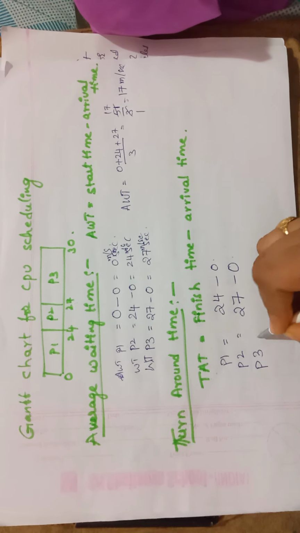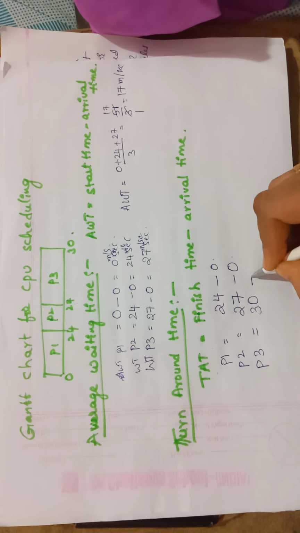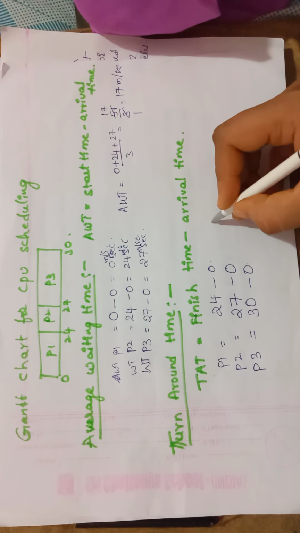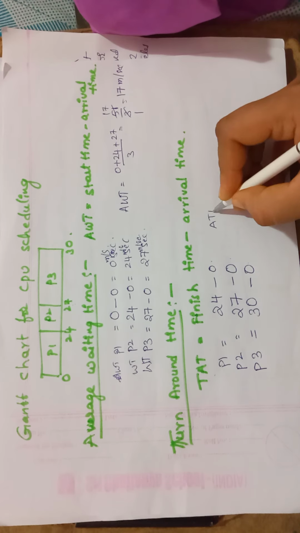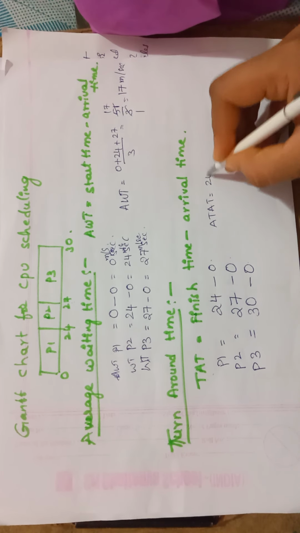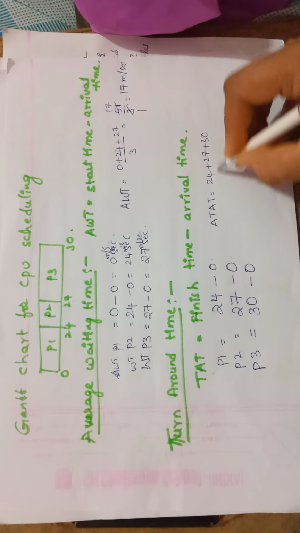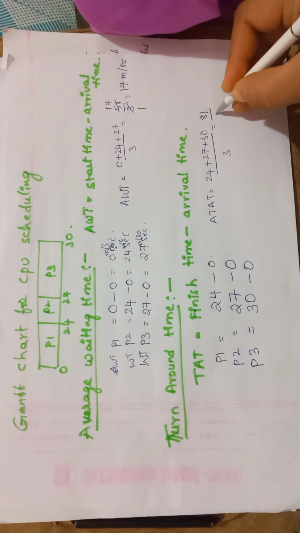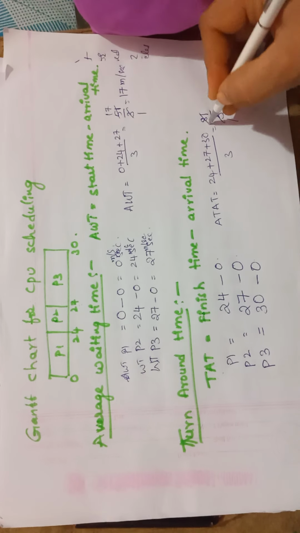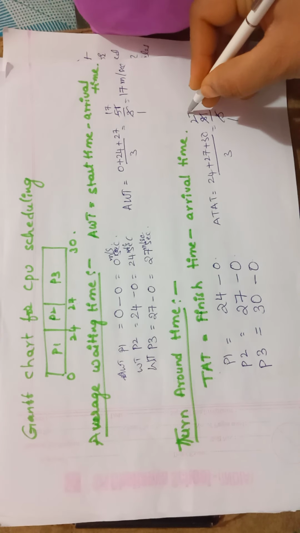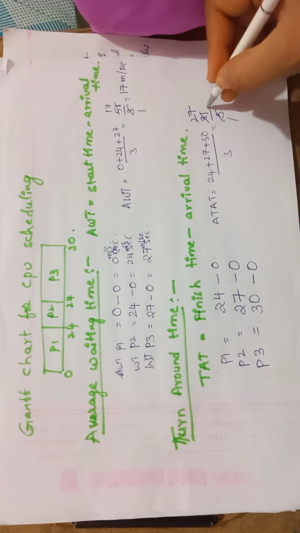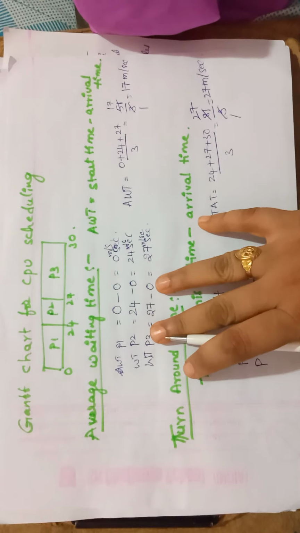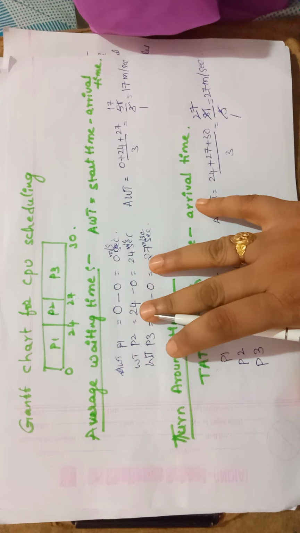Next, P3's finish time is 30, arrival time is 0. Now we'll calculate the average turnaround time. The average turnaround time is (24 + 27 + 30) / 3, which is 81 / 3 = 27 milliseconds. This is the first come first serve CPU scheduling algorithm.